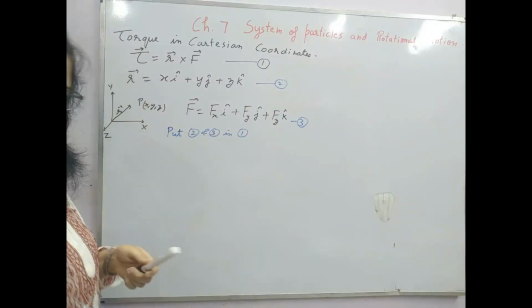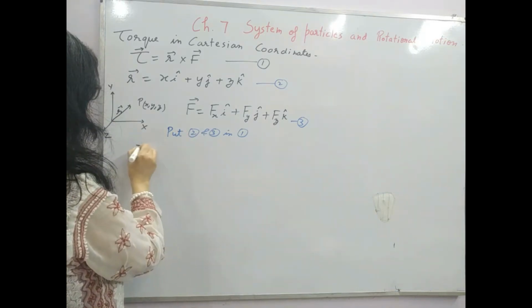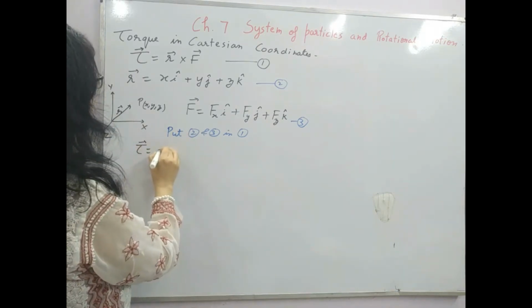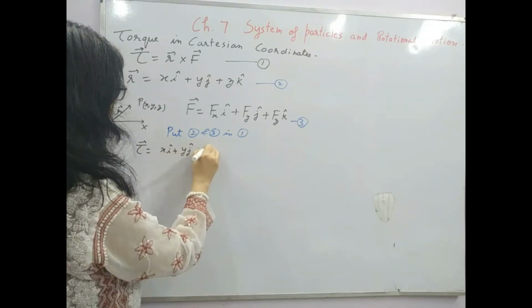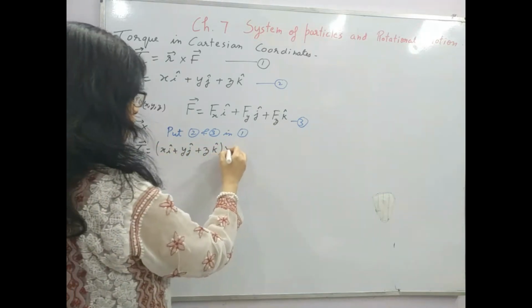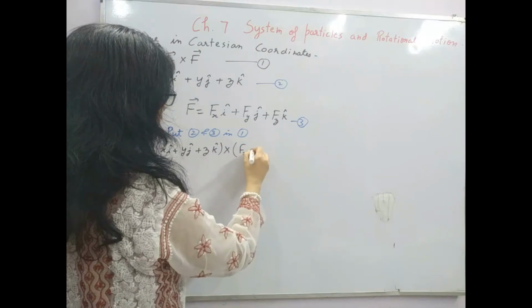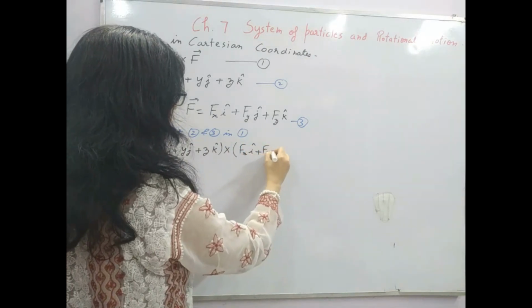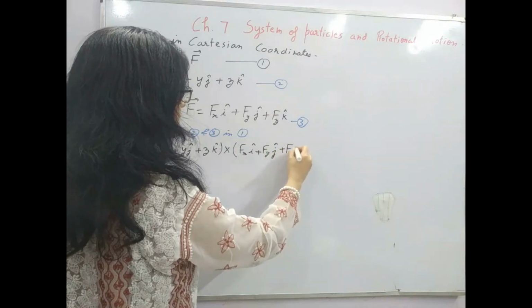What will we get? This will be torque is equal to xi plus yj plus zk cross F, so this is Fx i cap plus Fy j cap plus Fz k cap.